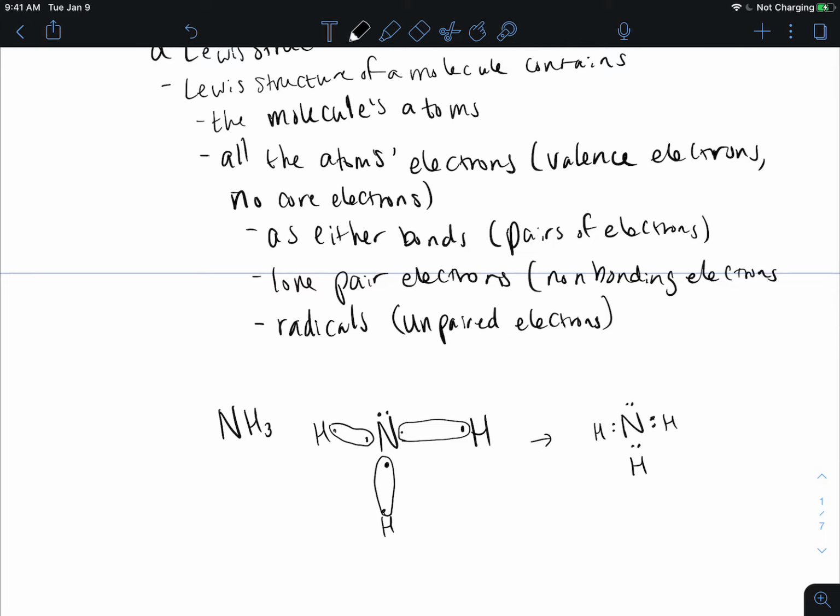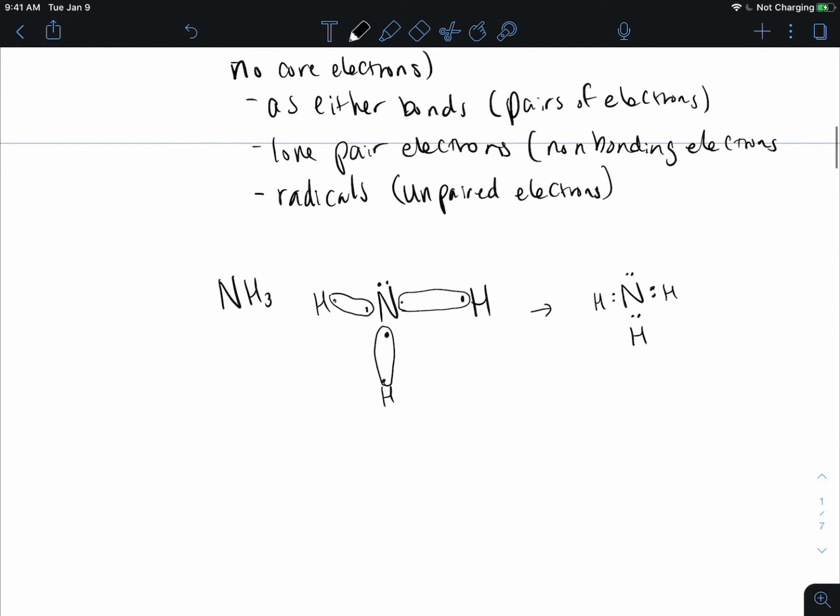And what we can see is that anytime we have two electrons between two atoms, they form a bond. So these, and these will all form bonds. Well, this is not in between two atoms, so it will not form a bond. And what we get is that right there.